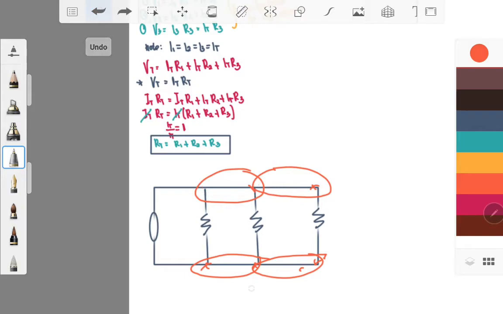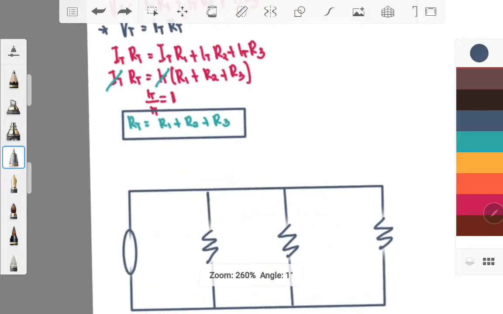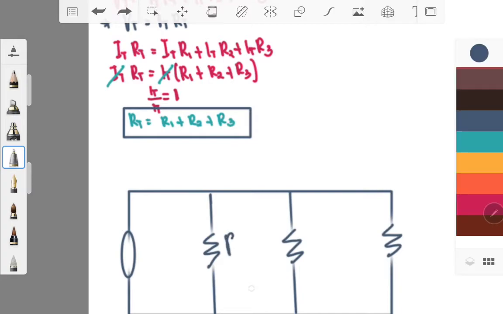Okay? Maliwanag ba? So, tatanggalin natin guys. Okay. This is your parallel resistance. So, we have your R1, R2, and R3.